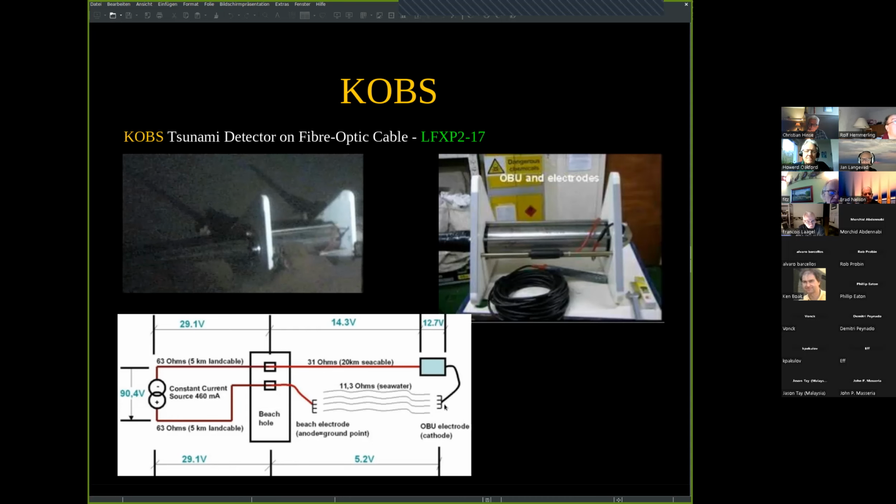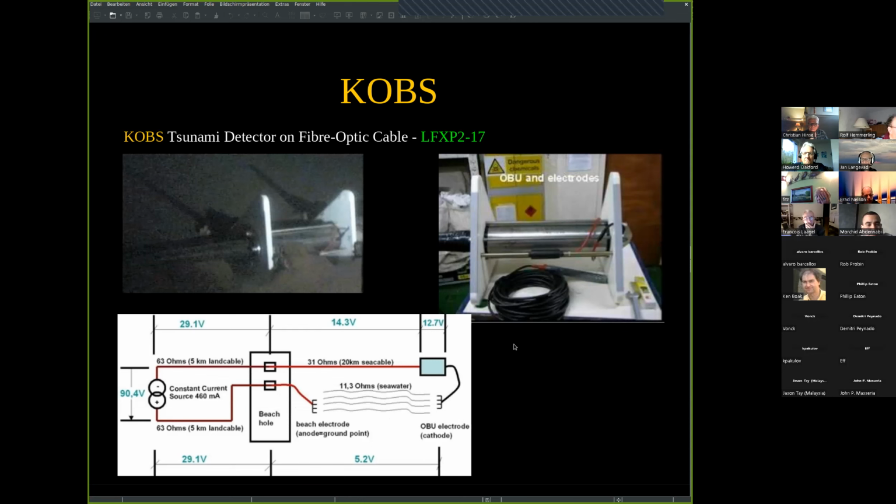Because the only narrow spaces were the electrode on this side and the electrode on this side. These were more or less small, but then the ocean can be thought of as a conductor of infinite width. So the water itself doesn't produce much resistance, but the resistance is concentrated around this electrode and this electrode.